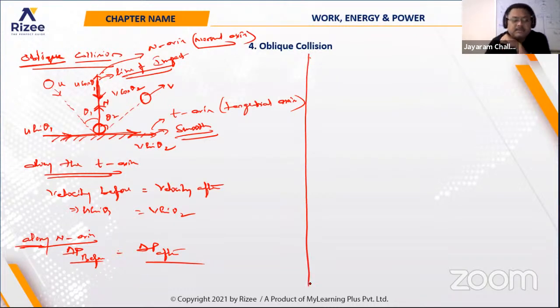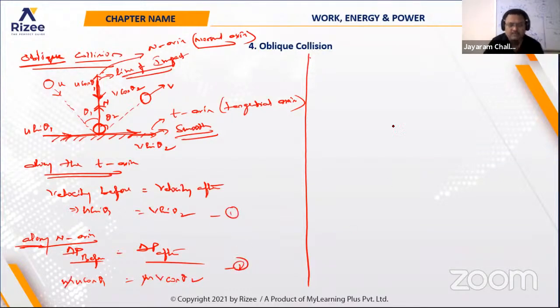Okay, so this is one of the basic things regarding collisions. If I want to find the final velocities, how do we take this? Along this direction, before collision it is m u cos theta 1 equal to m v cos theta 2. m cancels. Let this be equation 1 and equation 2.